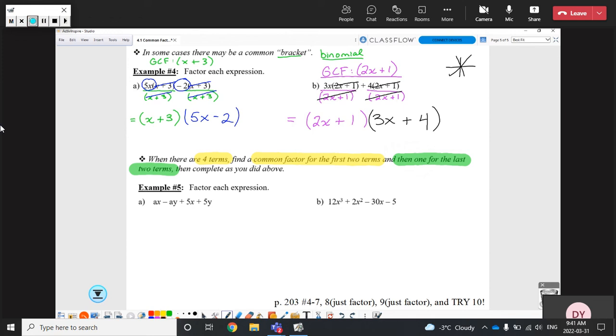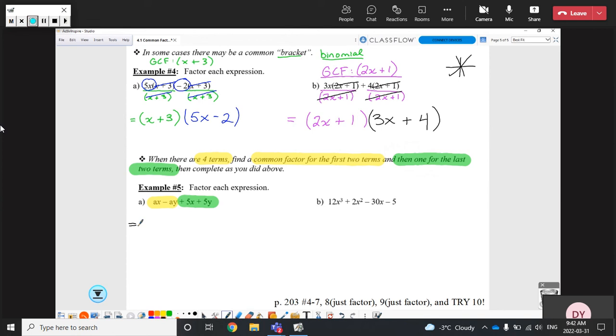So what we're going to do is first, like they say, group the first 2 terms together like that, and then the second 2 terms together like that. I almost have my blinders on, and I'm only looking at the first 2 terms. What is the greatest common factor between AX and AY?